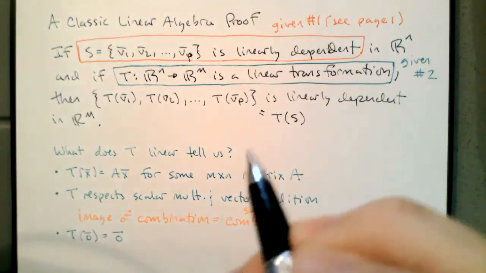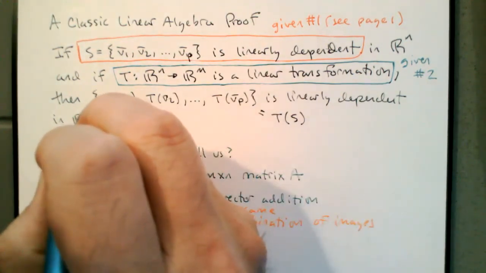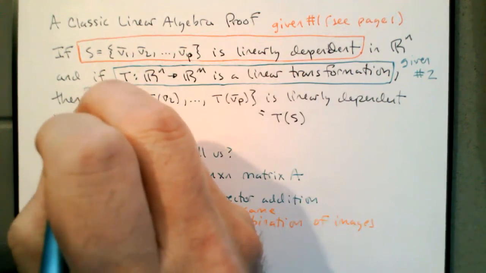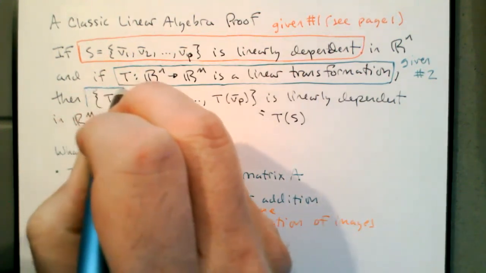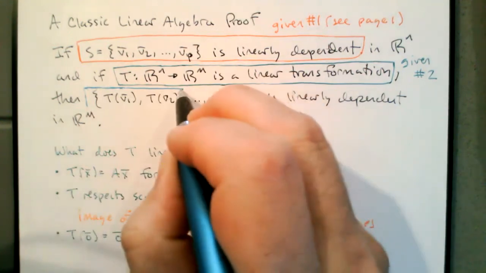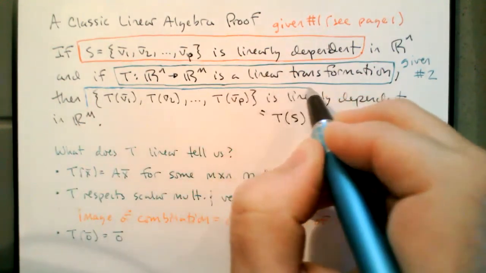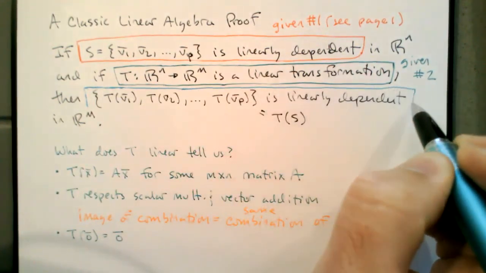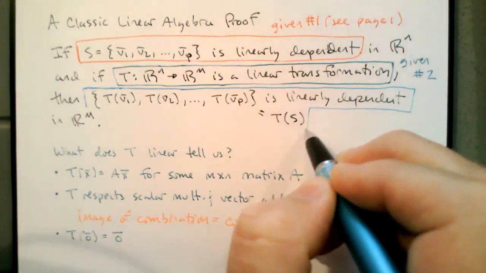So that's our third thing. This set of vectors is our target. This set of vectors is linearly dependent, is what we want.